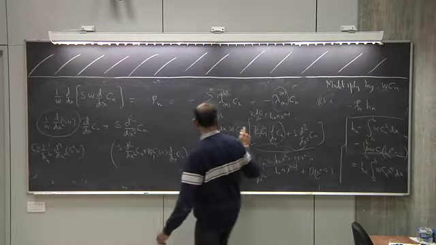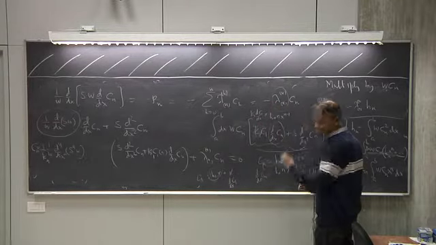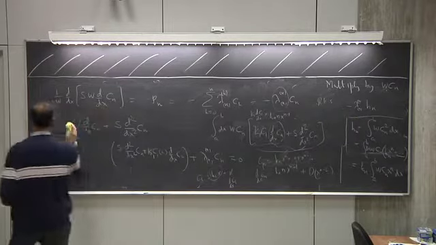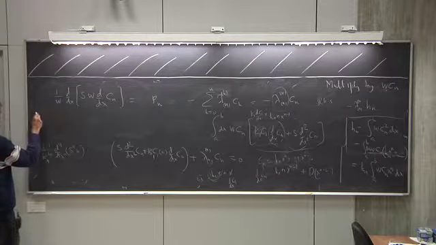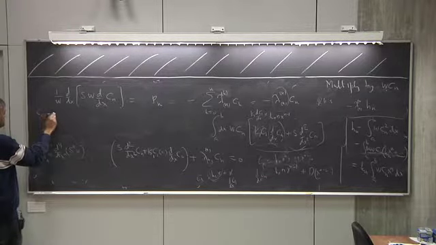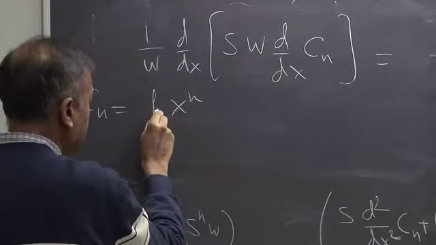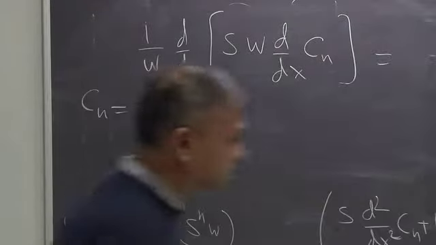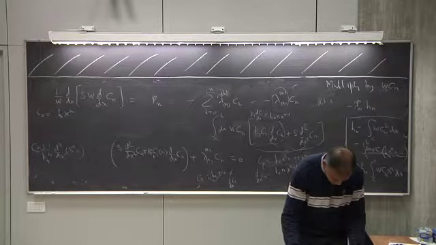Sorry, these are capital K. Some notations which I had said before, but maybe you don't remember. We said the Cn will start from x to the n. The coefficient, whatever that coefficient is, I call Kn. In fact, there is also a Kn prime. What was the Kn prime? I don't remember myself. Yeah.